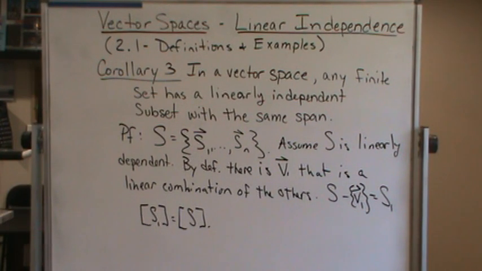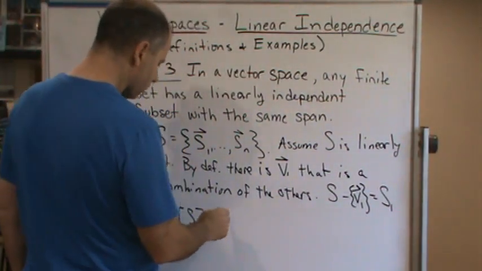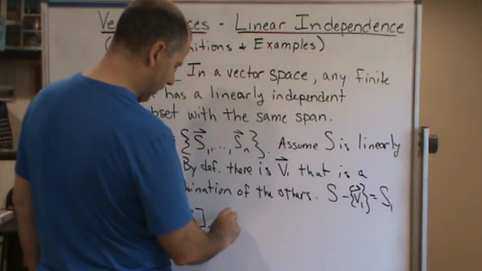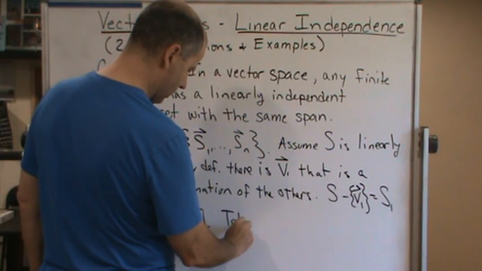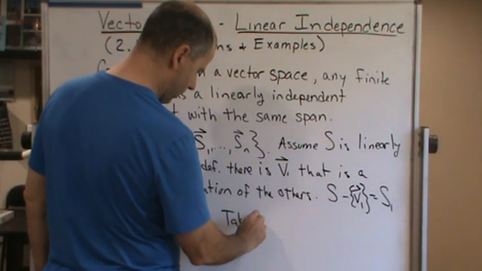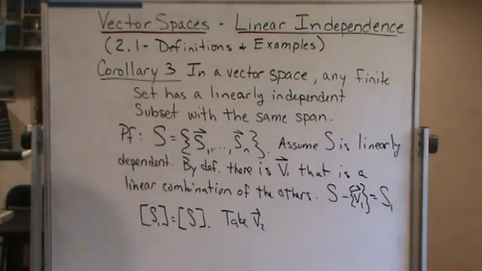Now, if S sub 1 is linearly independent, then we're done. Otherwise, we're going to do another iteration of what we just did. If it isn't, then we take a vector V2 that is a linear combination of the other members of S1, right?